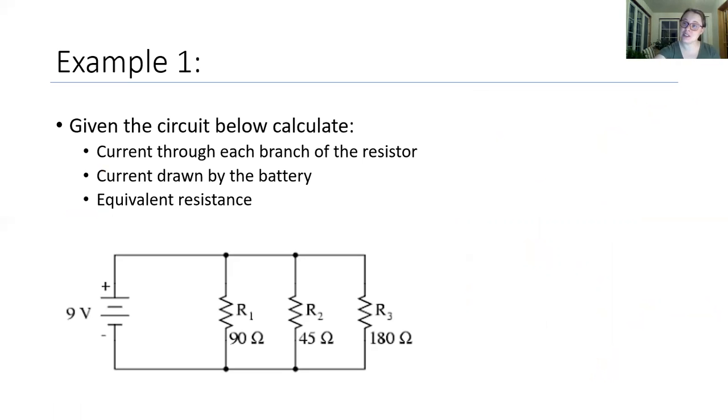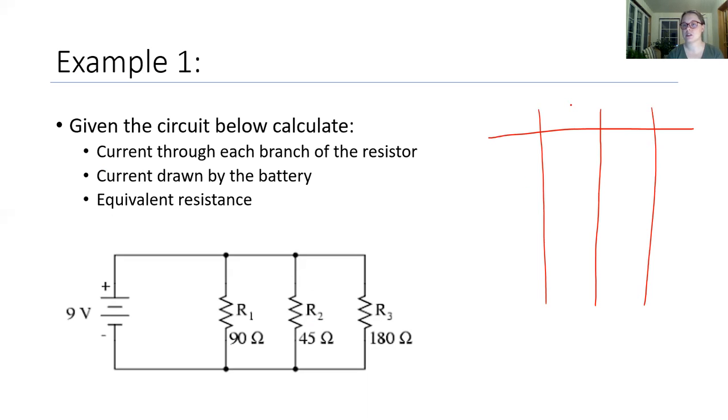Why do you think I haven't asked for voltage? If you said because the voltage is the same, I agree. The voltage is the same. So let's plug that in first. Actually, we'll do our chart again. For each branch, we're dealing with each resistor, so we'll call them up and label them.